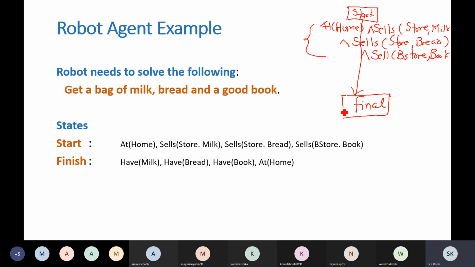What will you have to achieve at the end? Final state has no effect. It has preconditions, which are the goals that have to be achieved. So at the end we want have milk to be true, and have bread true, and have book true, and robot should be at home.